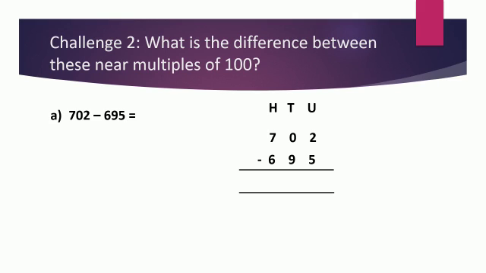No. Then don't worry, I will tell you how we will do it. 2 minus 5 is not possible, so you will take carry from the other number. The other number is the tens number, which is 0. Yes, it is not possible to take carry from 0. So don't worry again, then you will move to the next number.